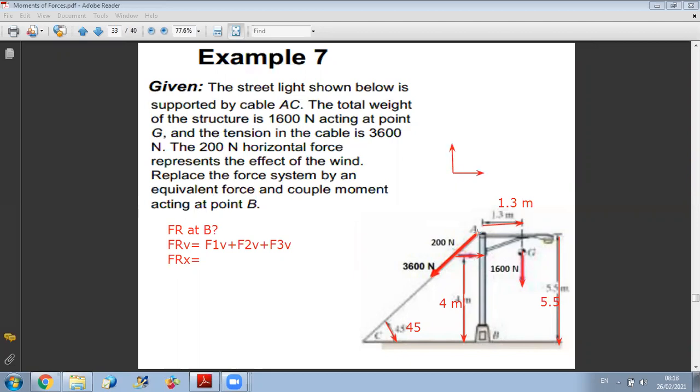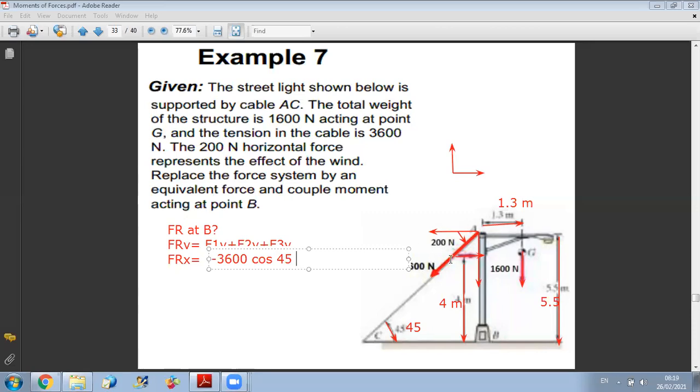So I can see here that this force has a negative projection along X and a negative projection along Y. And since the angle is 45, to project on X, I can do cosine 45. So I have that FRX is minus 3,600 cosine 45. This is the component of the first force along X.